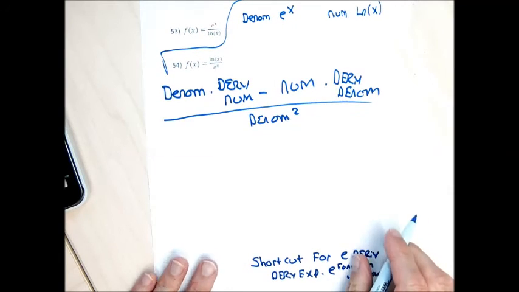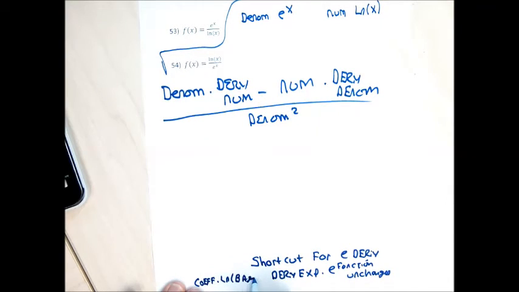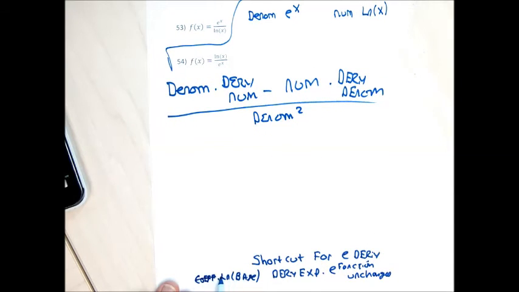I kind of did it like, coefficient times the derivative of the exponent times the e function unchanged times the natural log of the base kind of thing. It had 4 pieces in it. We had the coefficient. The coefficient is 1, so it's not needed, times the natural log of the base. The base is e, so the natural log of e is 1. So these pieces are both 1s for this case.